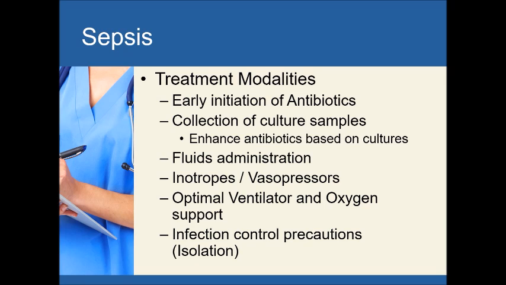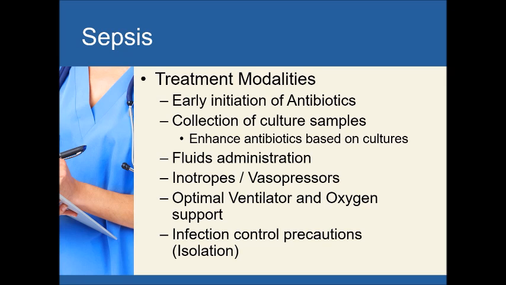If that is not sufficient, then we have to start inotropes or vasopressors, medications that artificially stimulate the heart to contract harder, and also stimulate the arteries in the body to constrict, to increase the blood pressure, if fluid administration by itself is not helpful enough. Also, we might want to optimize the oxygen level of the patient.